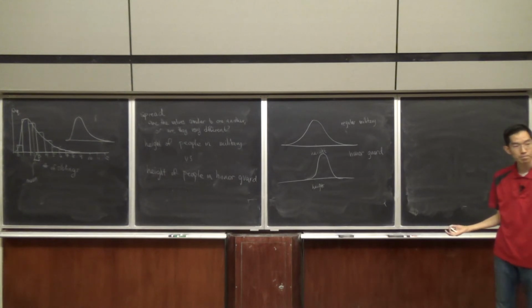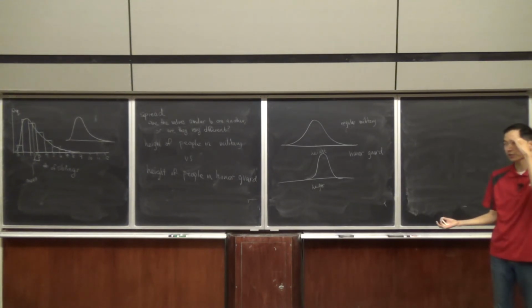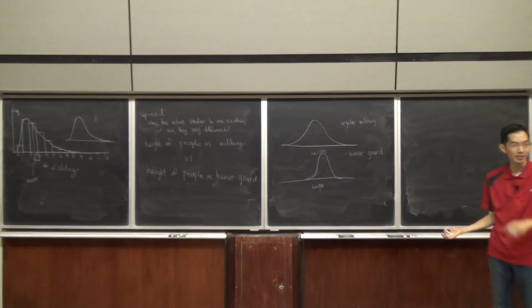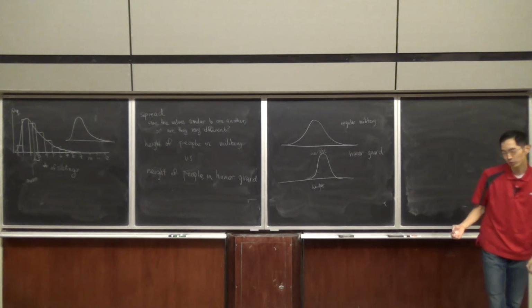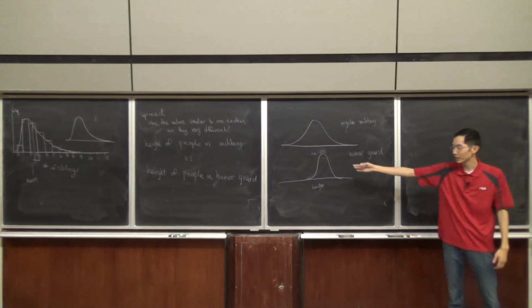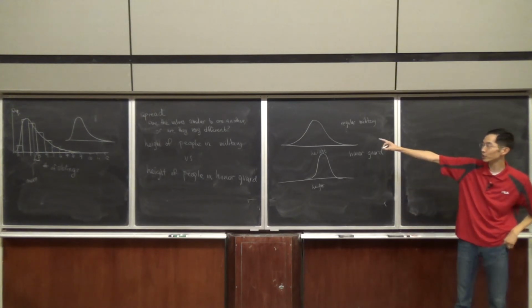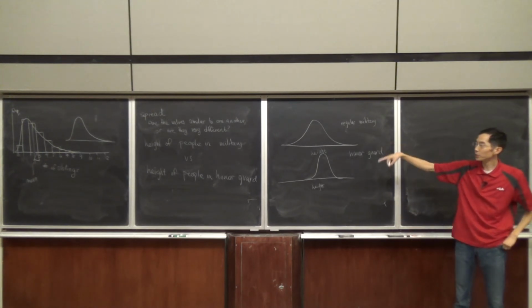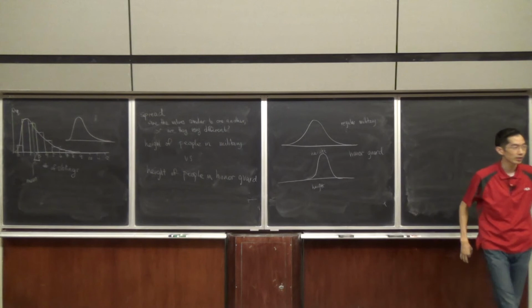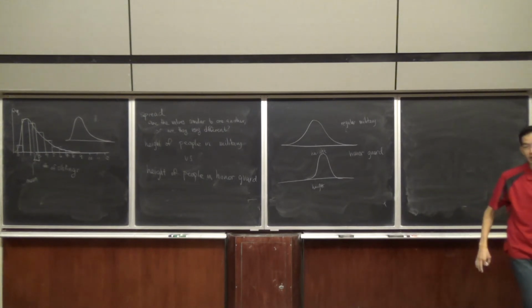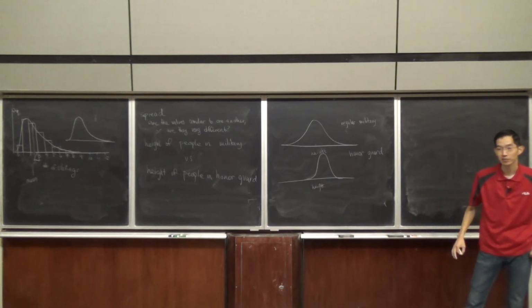Is it uniform? I actually don't know exactly what it would be, but I doubt it would be uniform. It might not have this symmetric shape either. But the illustration here is: which group has a larger spread in height?